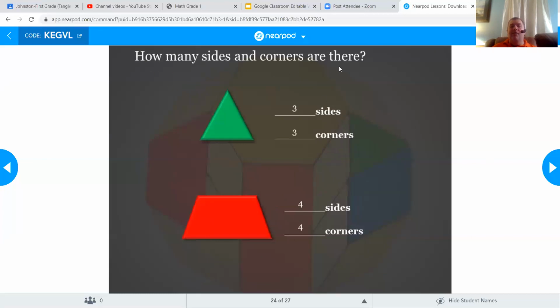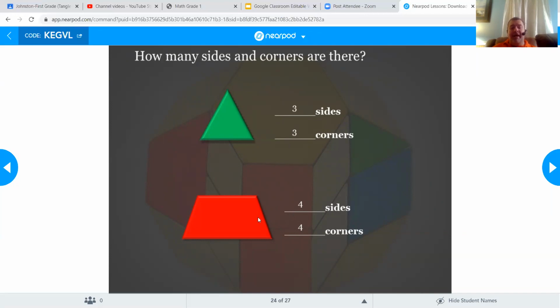How many sides and corners are there? How many sides do we see on the triangle? We have 1, 2, 3. 3 straight lines. Now, how many corners do we have where two lines meet? 1, 2, 3. So a triangle has 3 sides and 3 corners.